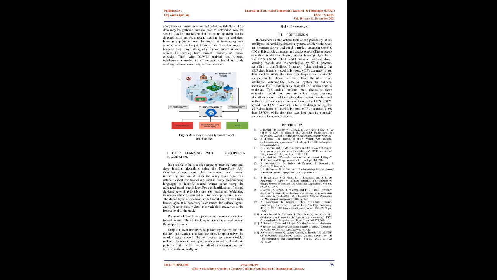As a result, machine learning and deep learning approaches may be useful in forecasting new attacks, which are frequently mutations of earlier assaults, because they may intelligently foresee future unknown attacks by learning from current instances of former episodes. That's why DL/ML-enabled security-based intelligence is needed in IoT systems rather than simply enabling secure connectivity between devices.